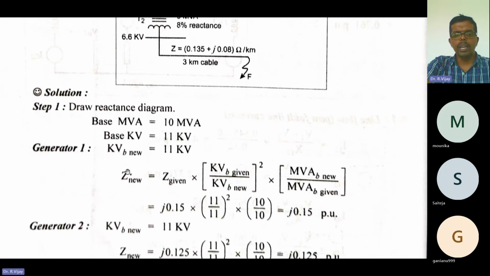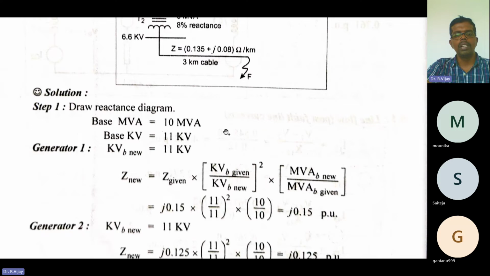So for generator one, how to calculate the new impedance? Z new is equal to Z old or Z given into KVB old divided by KVB new, the whole square, into MVA B new divided by MVA B old. This is the formula for calculating Z new. Now, just substitution. What is Z old?